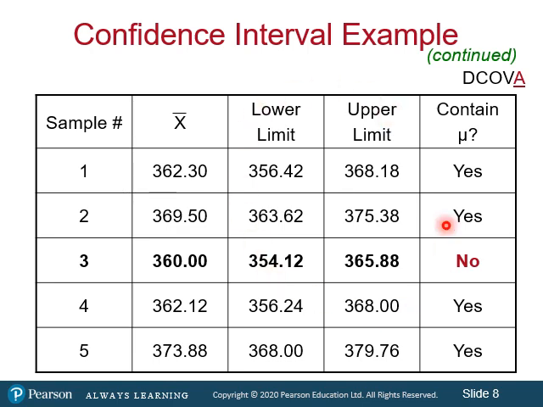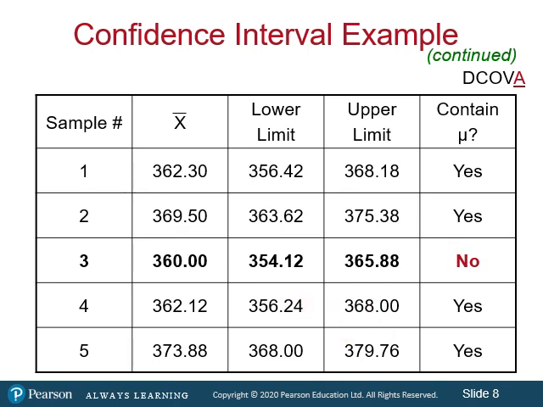So next we calculate the lower limit and the upper limit, and what we find is that for the first sample we have 356 to 368, and the mu value of 368 is still within the lower and upper limit. The second sample is also within, but for the third sample the lower limit is 354 and the upper limit is 365, whereas the mu value is actually 368, so it's outside this limit and doesn't contain the mu value.